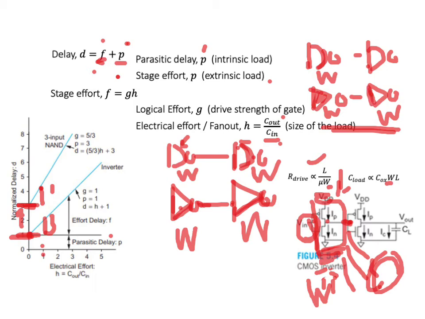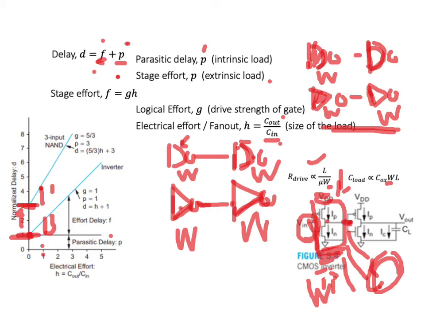The NAND gate itself will have 4 units of delay, where 3 units of delay are due to the intrinsic effort needed to make a rising or a falling transition at the output of the NAND gate, and the remaining 1 unit of delay is due to charging the output NAND itself.